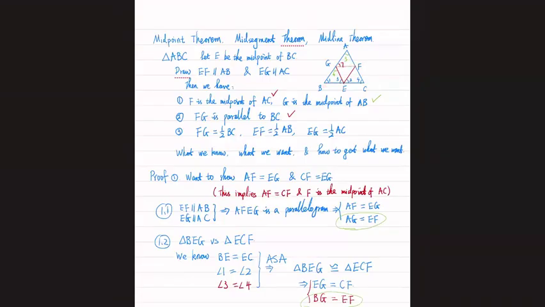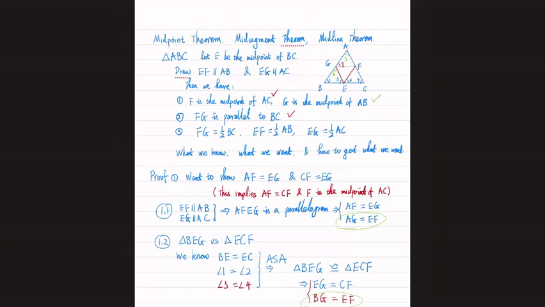Okay, so how do we prove that FG is half of BC? How do we prove this? Think about what we know and what we want. Let's see, how did we prove it?